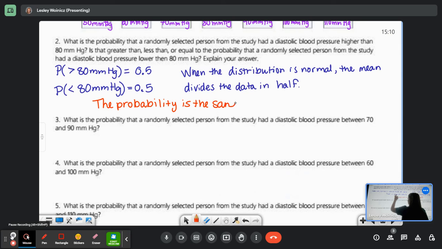Do you not have to do another equation for equal to? Is that probability greater than, less than, or equal to? We're saying they're equal. It's saying pick one. Does that make sense? So we're saying the same. We could have said the probabilities are equal.